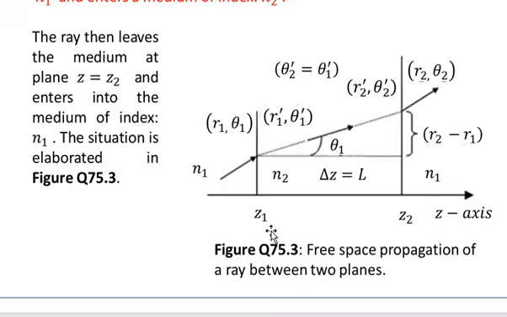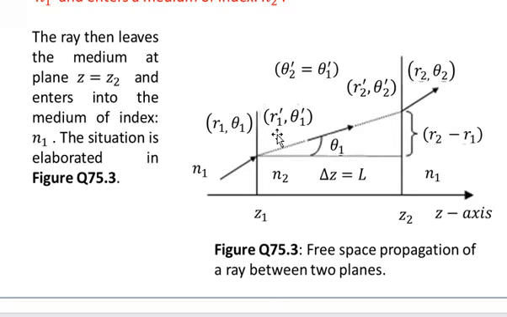We have the Z equal to Z1 plane, we have the Z equal to Z2 plane, and we have also shown the Z axis. The ray is incident at the Z1 plane from the material with refractive index N1. The value at the Z1 plane is R1 and θ1. Then there is free space propagation of the ray between the plane Z equal to 1 and Z equal to 2. The light will travel straight, but since the region of free space propagation has a refractive index N2, of course the angle will be changed.